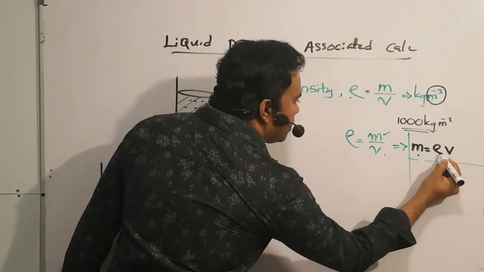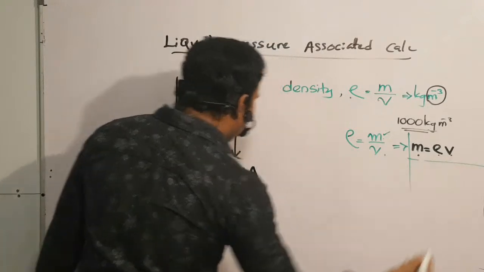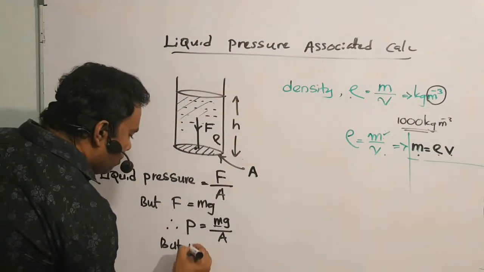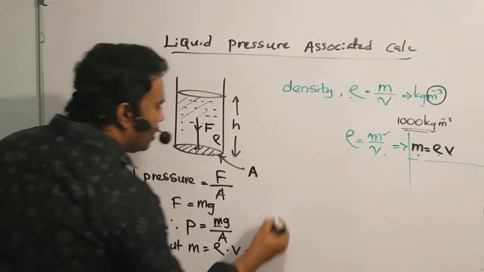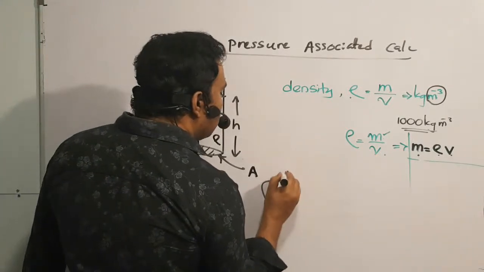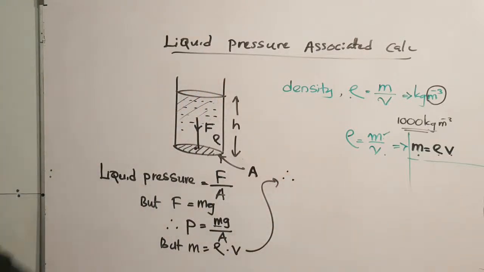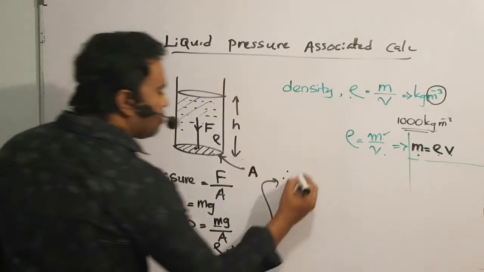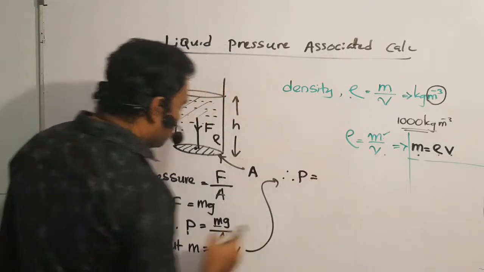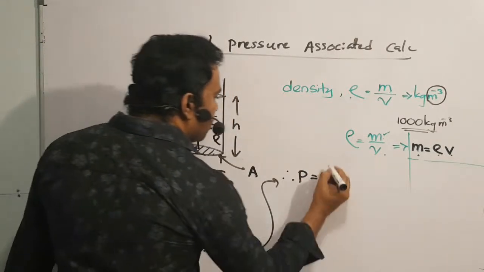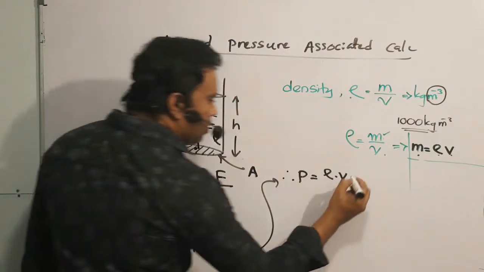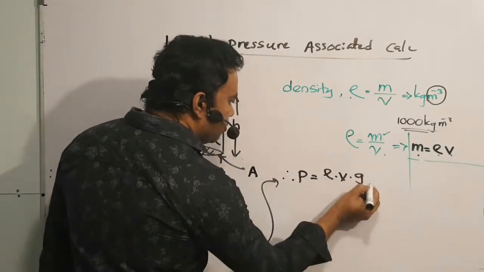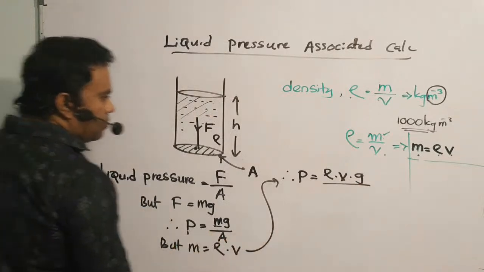Mass equals density of the liquid into volume. So I'll take that here. Therefore, pressure equals mass, which is rho V, the other one is g, upon area.